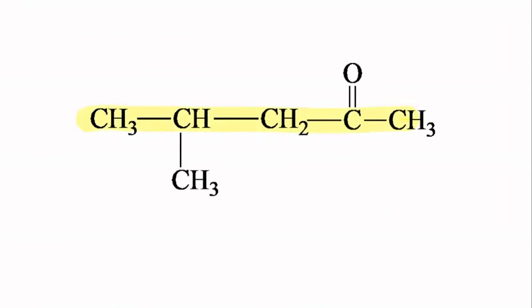Those 5. Okay, we're going to start numbering from the end that is nearest the C double bond O. So when it comes to numbering this, we're going to say 1, 2, 3, 4, 5.